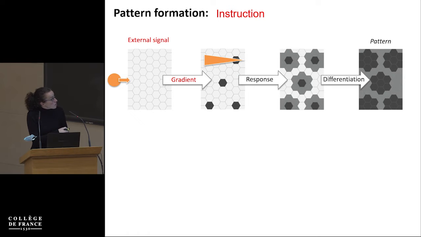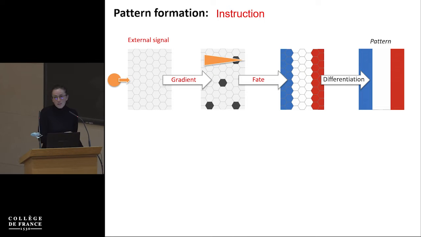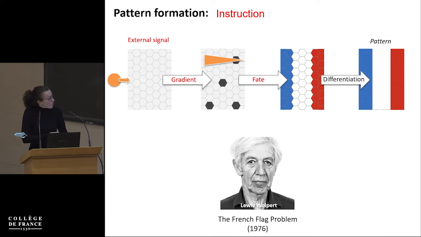And cells will respond according to their position in this gradient. So for example, if a cell is close to the source, it will become blue, and if it's far away from the source, it will become red. And this will give rise to the formation of a given pattern. So this has been deemed the French flag problem by Lewis Wolpert in the 70s.